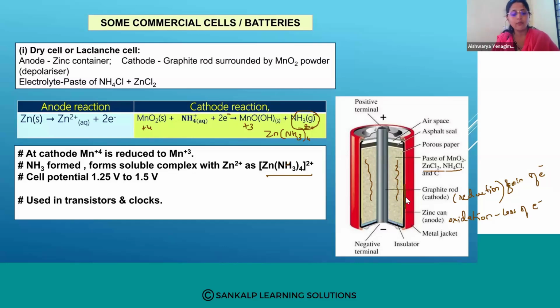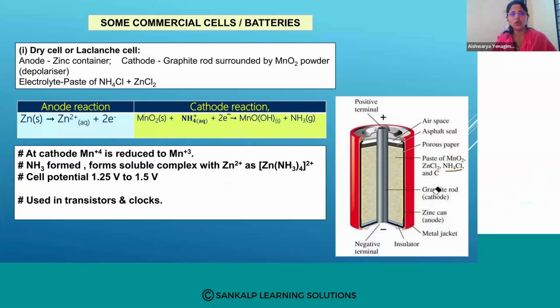The cell potential, the EMF of the dry cell, is 1.25 volts to 1.5 volts. This is the approximate cell potential of the dry cell. There is also a new type of dry cell, the improved version of the dry cell. So we have understood the construction and working of the dry cell, and what actually happens at the anode.